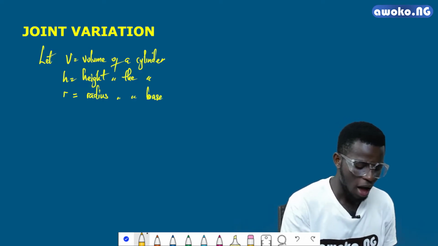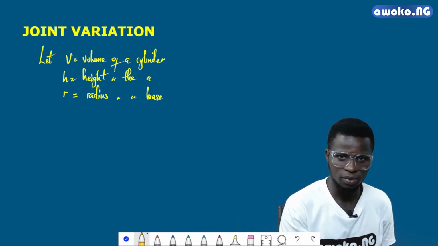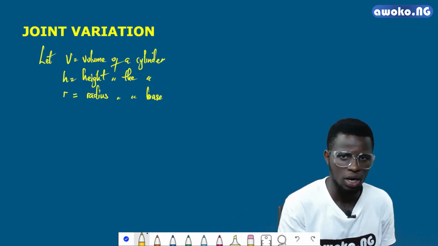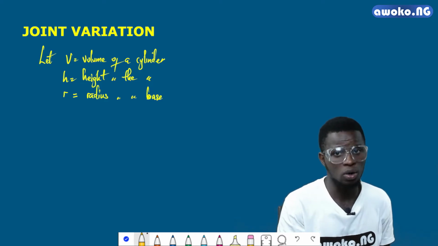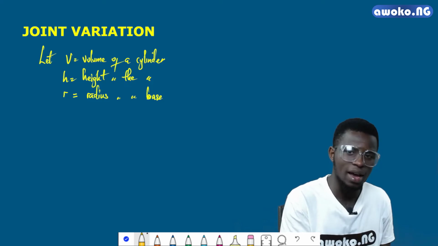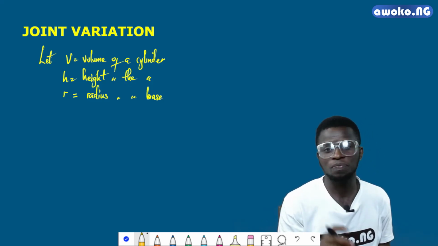Now how do we relate these three parameters together? Remember I said that joint variation occurs when a quantity is proportional to two or more quantities, and in this case the volume is proportional to the height and the radius of the base of the cylinder.